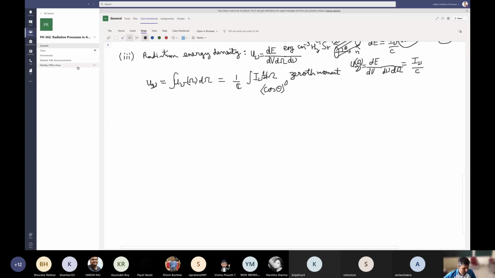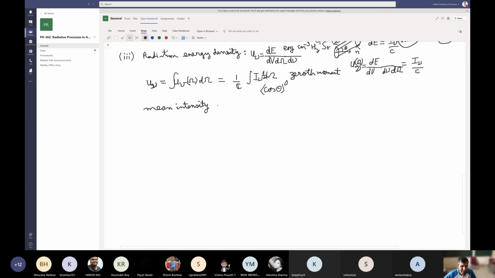Okay. There is something else which is also very related. This is called mean intensity. In radiative transfer, there are a lot of these terms that are introduced, and it's important to pay attention to what they actually are, right? The main difficulty is just paying attention to the definition.